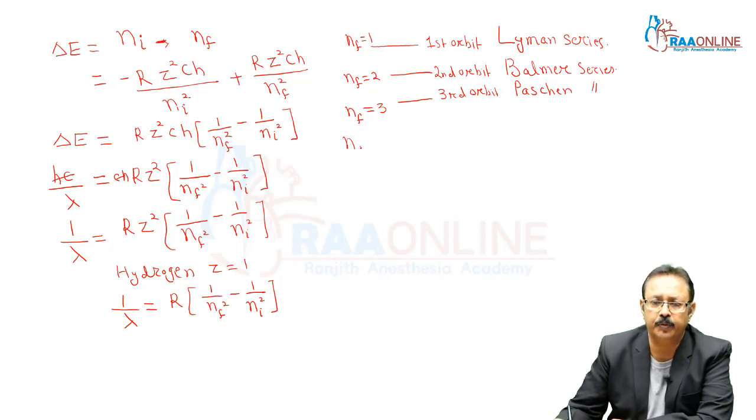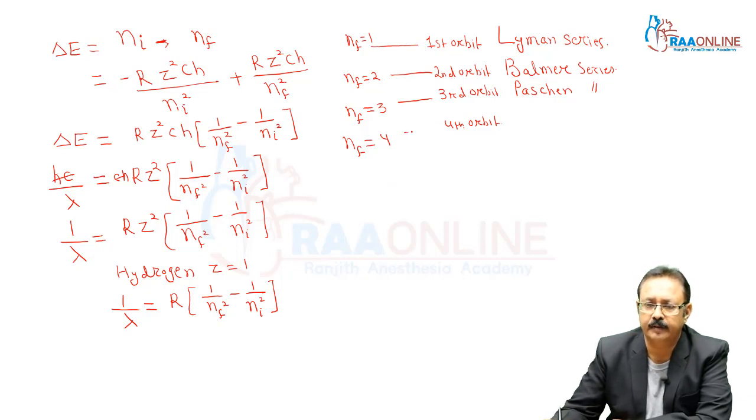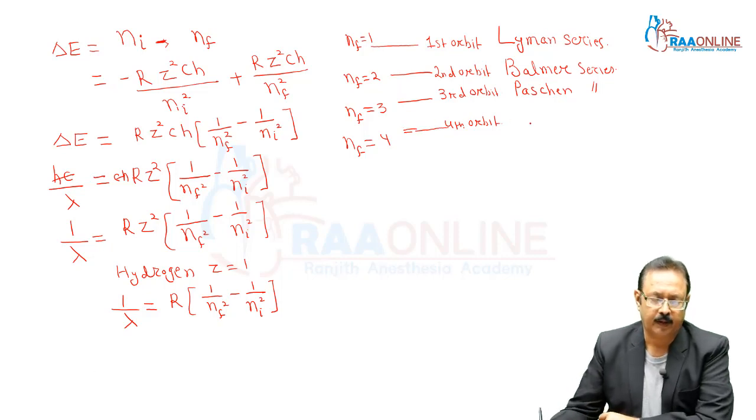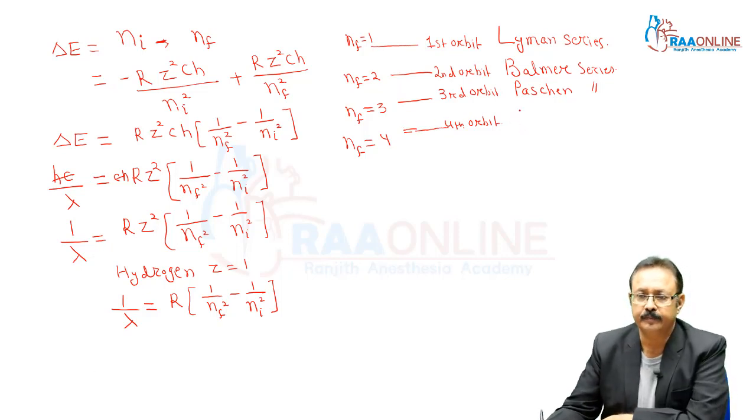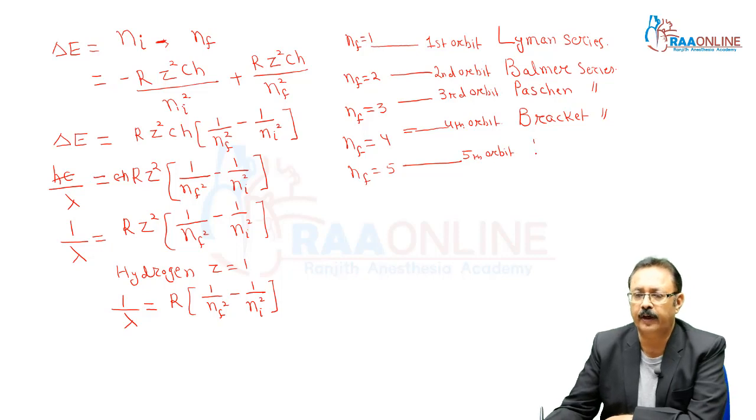If they are jumping into the fourth orbit, you will get the Brackett series. If they are jumping into the fifth orbit, you will get the Pfund series.